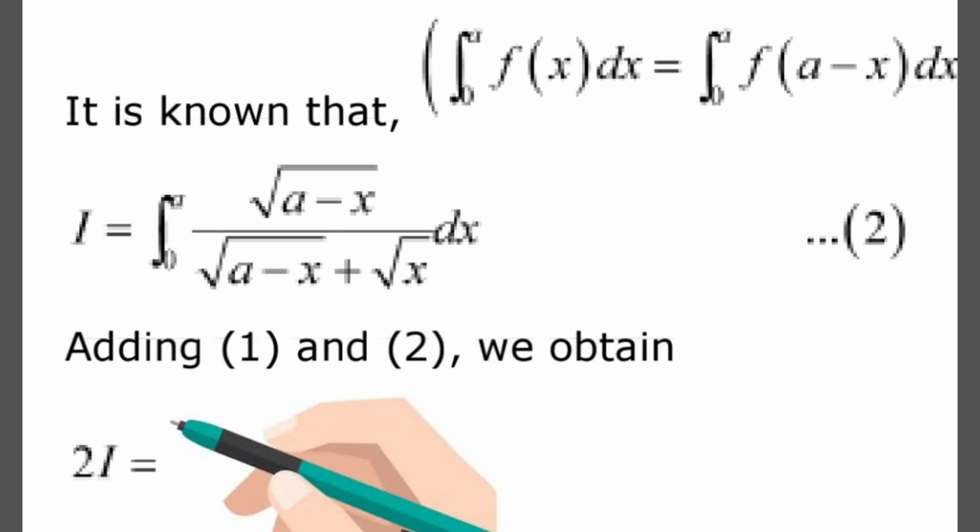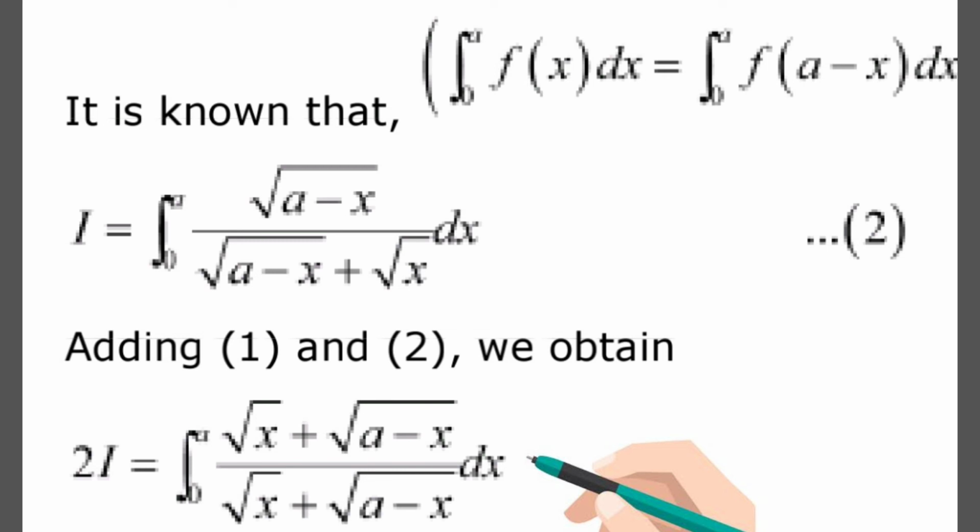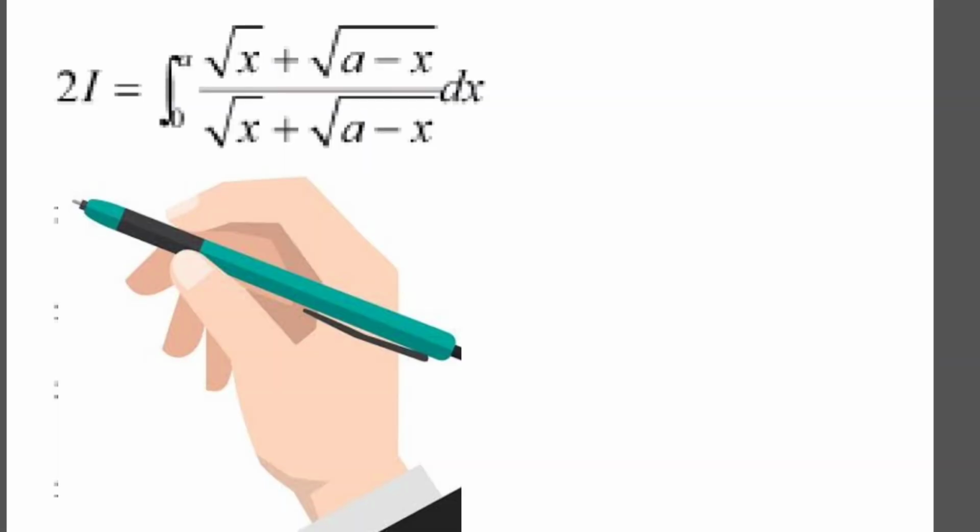After that, numbers 1 and 2 are added. If I add numbers 1 and 2, I get these parts: root of x plus root of a minus x upon root of x plus root of a minus x. So numerator and denominator cancel on both sides. So I get 2I equal to this.